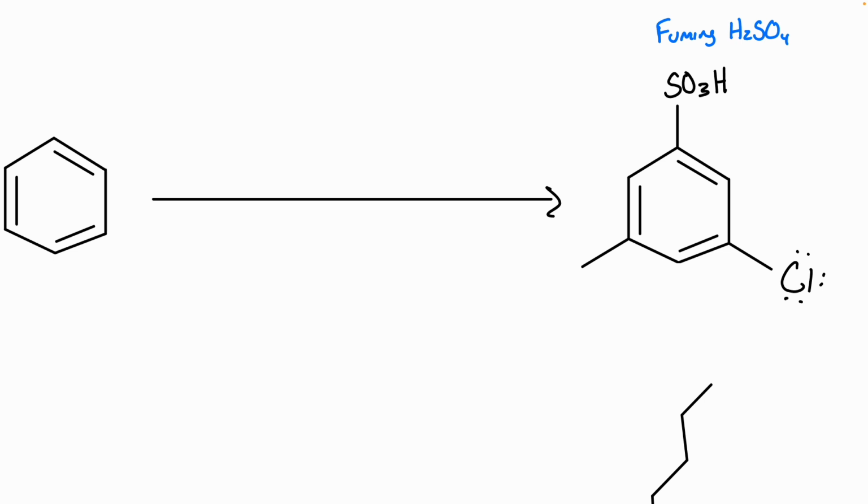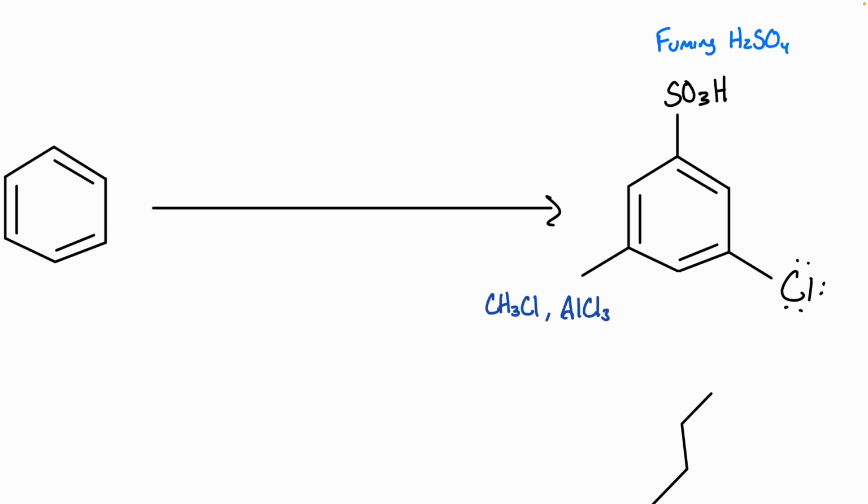All right, for a methyl group, that would be a Friedel-Crafts alkylation reaction. So we could use chloromethane and aluminum chloride. And then lastly, for that chloro group, the way to do that is chlorine and either aluminum chloride or iron(III) chloride.